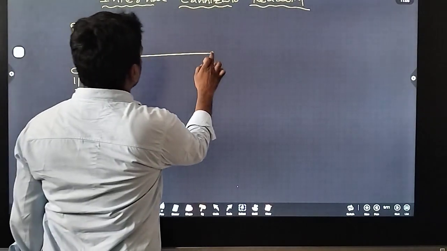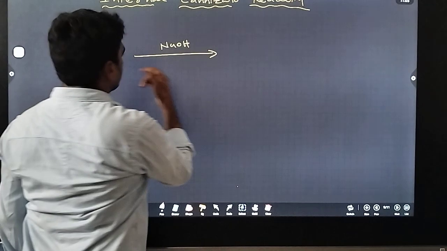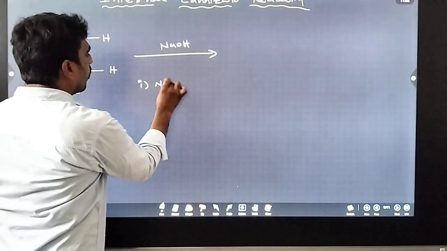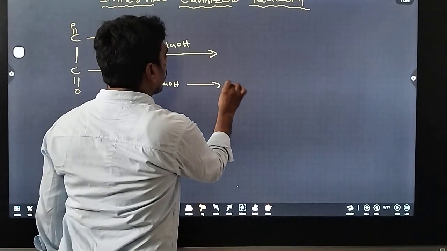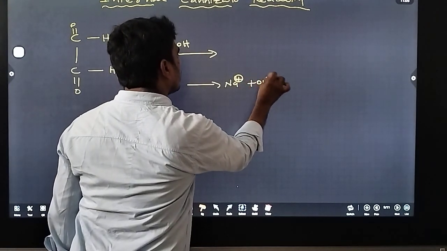So here NaOH, I can first write the mechanism. NaOH is a strong electrolyte, so it completely dissociates into Na+ and OH-.